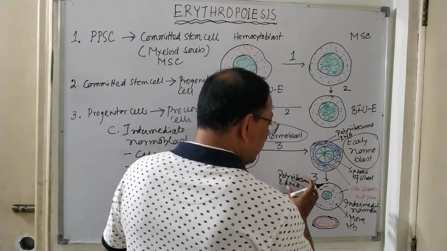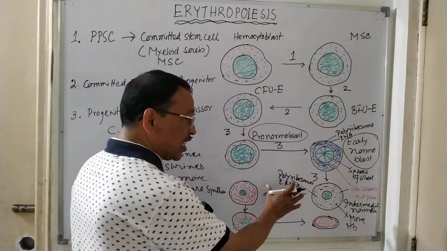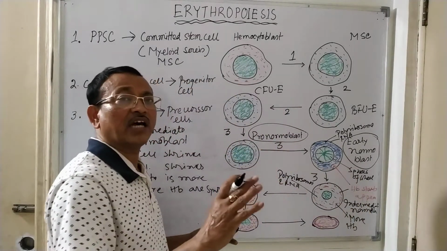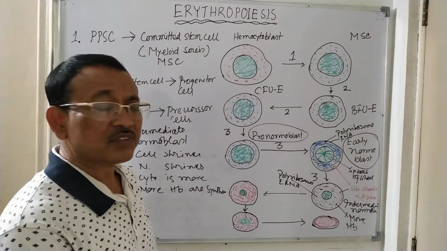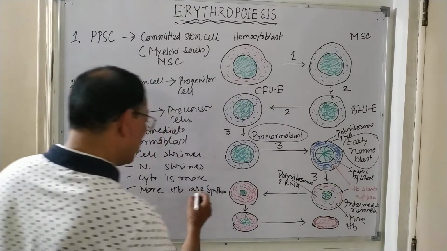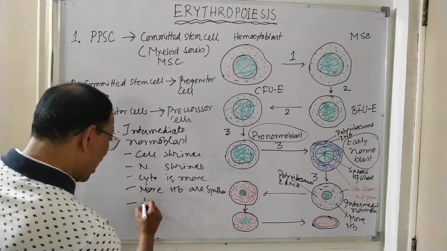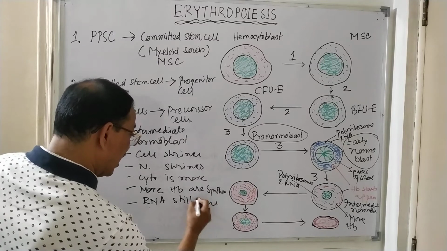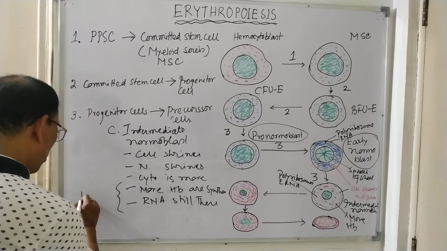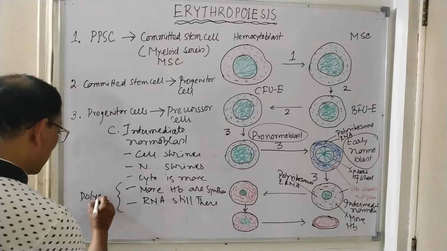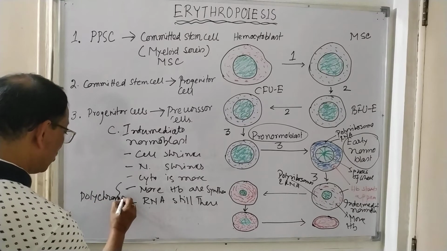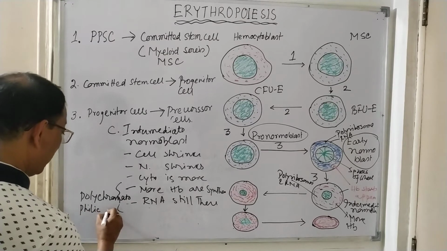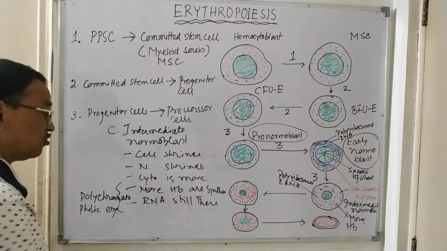Blue color because of the polyribosomes and RNA, which are basophilic, along with the hemoglobin, which is eosinophilic or acidic. More hemoglobin is synthesized, RNA is still there, and thereby these are polychromatic. For this reason these are polychromatophilic erythrocytes.